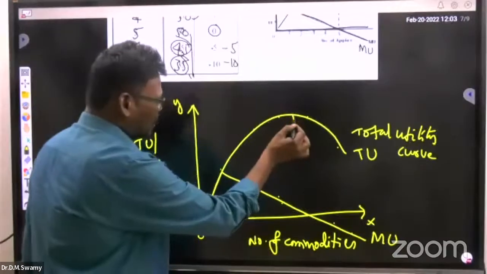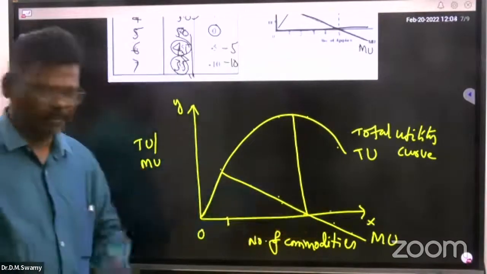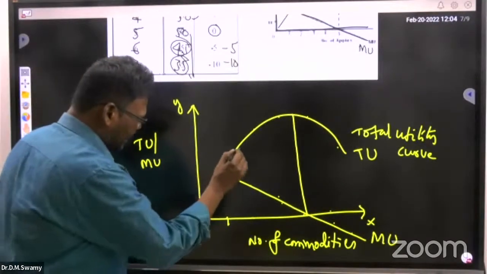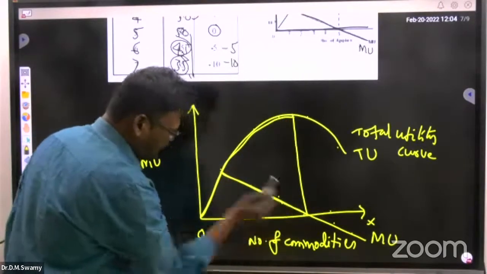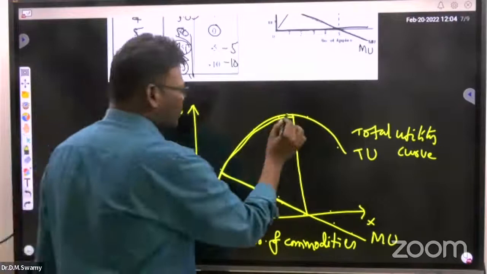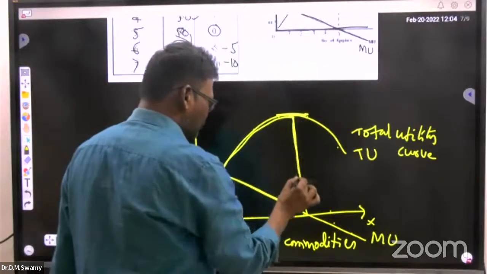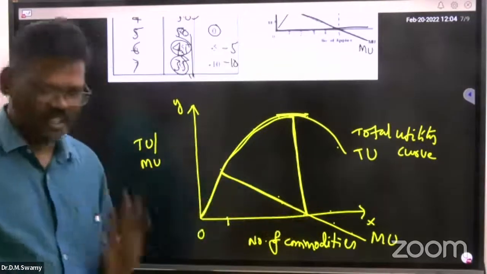When the total utility is the maximum, the marginal utility will be on the X axis, zero. Please remember, when the total utility is increasing, the marginal utility starts to decrease. When the total utility is at its peak, the marginal utility will be zero.